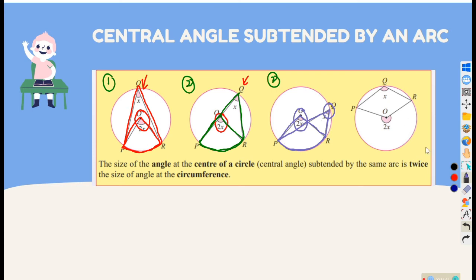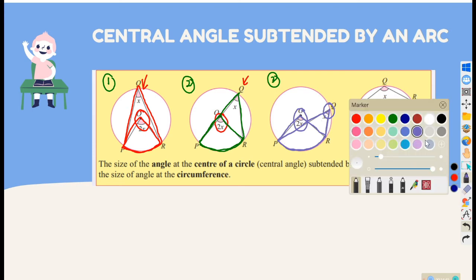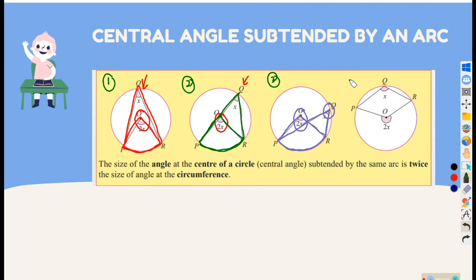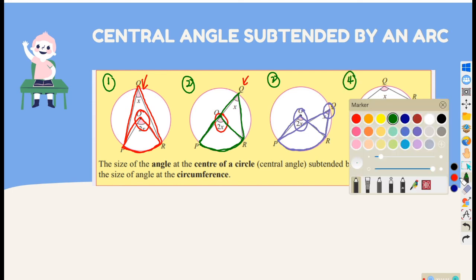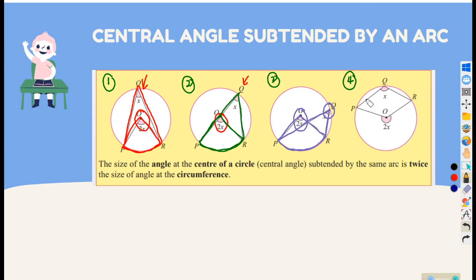Now here is the fourth one. This type, this one is the angle at the center.